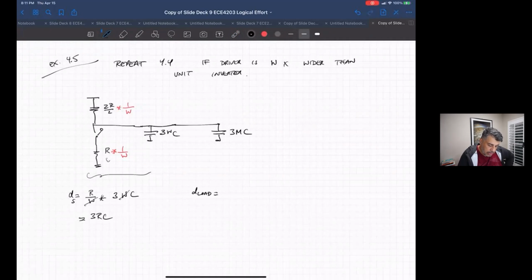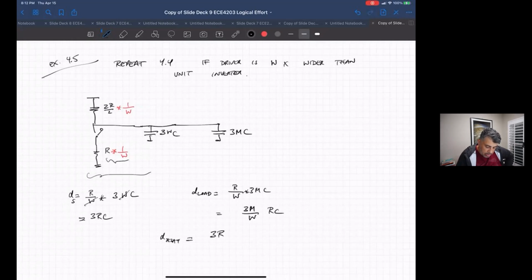We made the width longer, so the resistance is lower, times 3MC. The nice thing is we made it a lot easier to drive a load. So when you make a driver wider, its own delay doesn't change, but it makes it easier to drive a load.